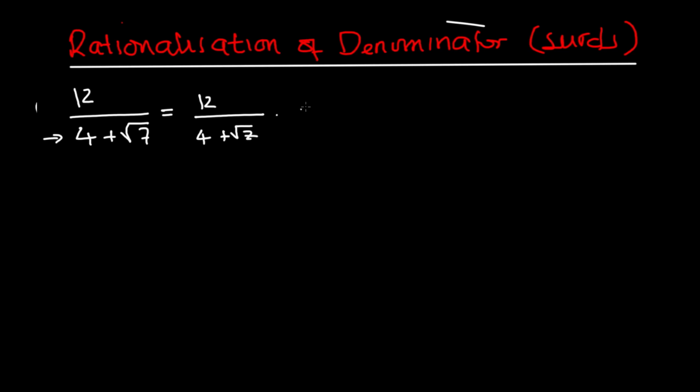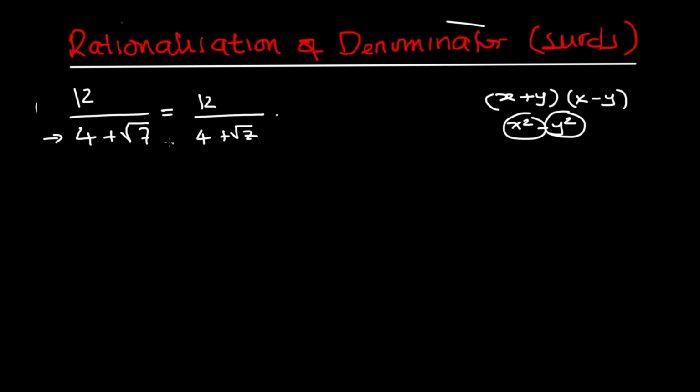Okay, and then we're going to look for the conjugate of this one. Remember, we are saying that the conjugate would be x minus y, so here we get x squared minus y squared. So this is the concept.